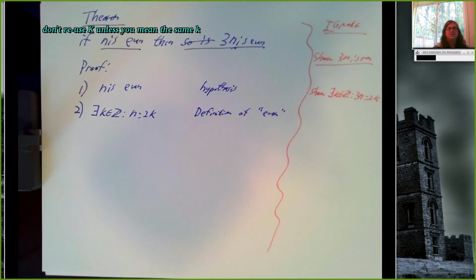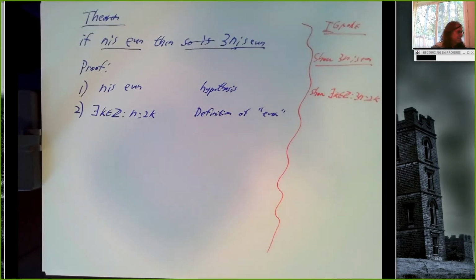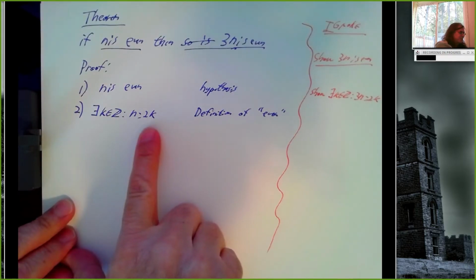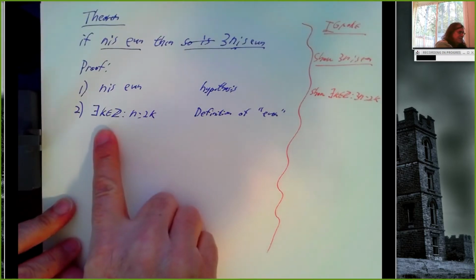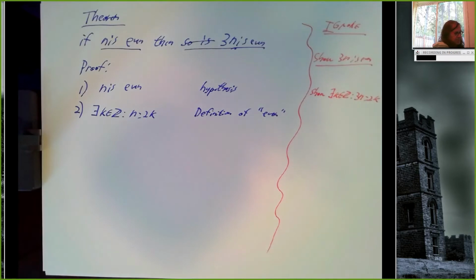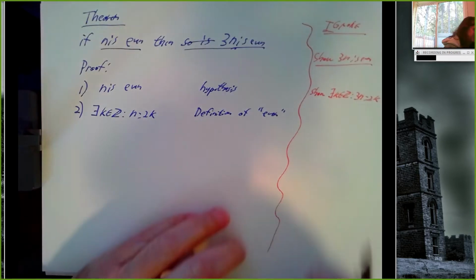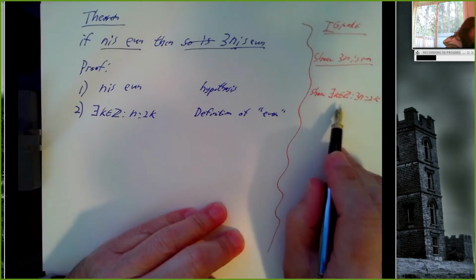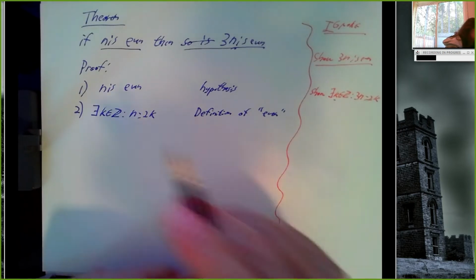In this case, don't reuse k unless you really mean the same k. I've already decided I'm going to use k in step 2 of my proof. This is going to be the integer such that n equals 2 times k. Really what I've said here is there needs to be some integer such that 3n is equal to that, but I don't know if this k is going to be the same as that k.